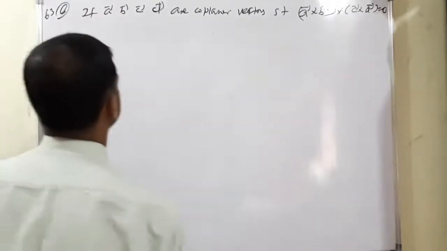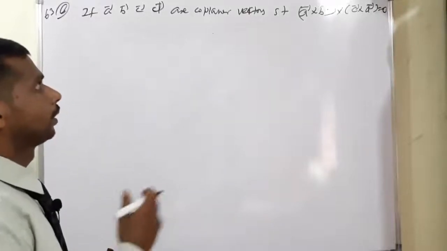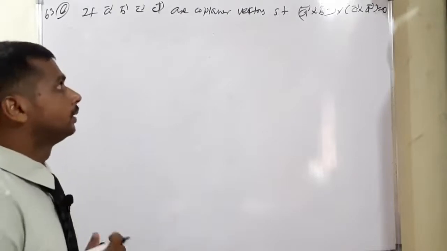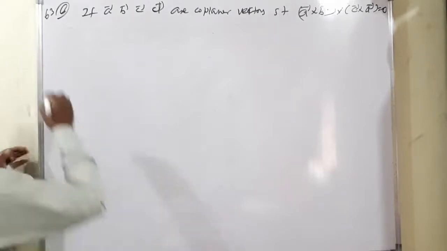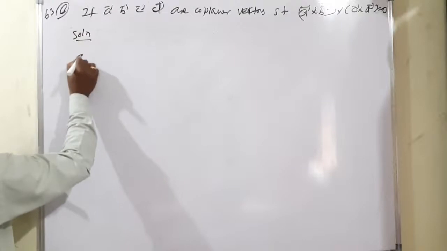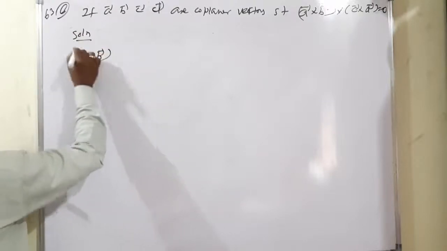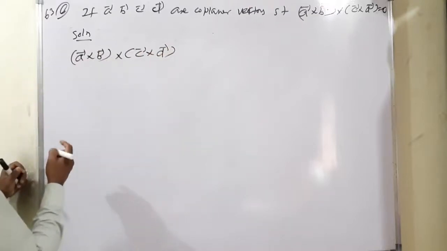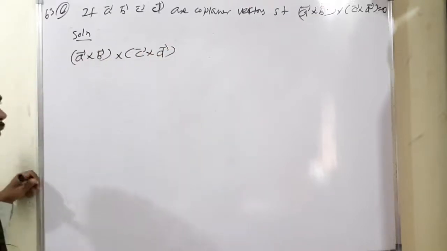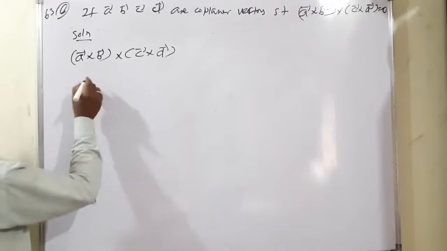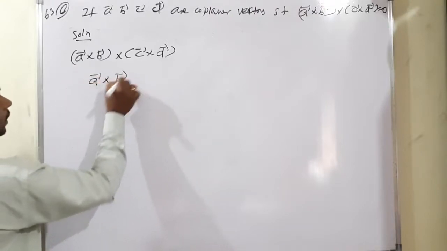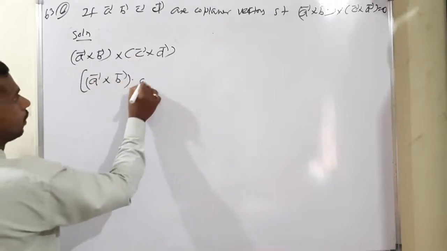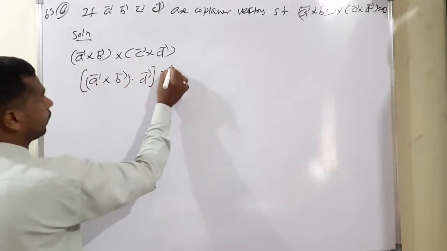Question number 6. If A vector, B vector, C vector, D vector, four terms, are coplanar, coplanar means we already know the value is 0. Show that the condition holds. Solution: LHS, A vector cross B vector cross C vector cross D vector. According to the vector triple product expansion, starting with A vector cross B vector, skip out C vector, dot D vector, outside C vector will come.